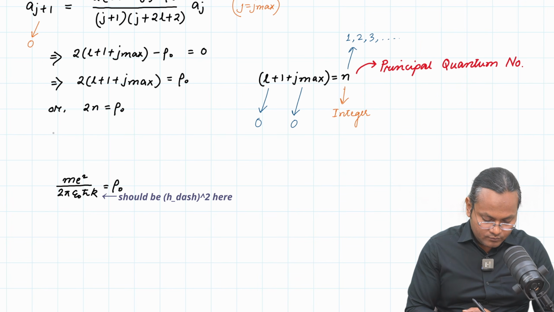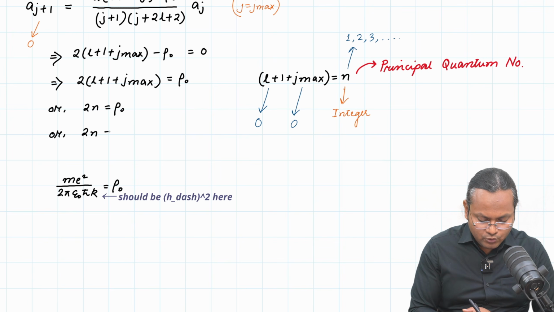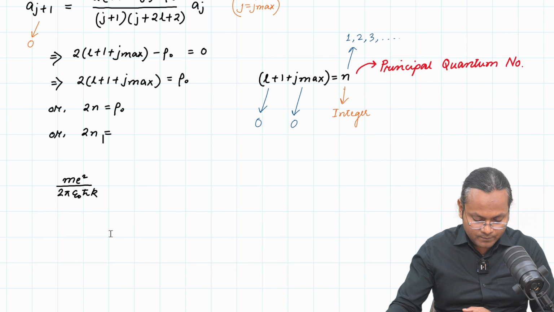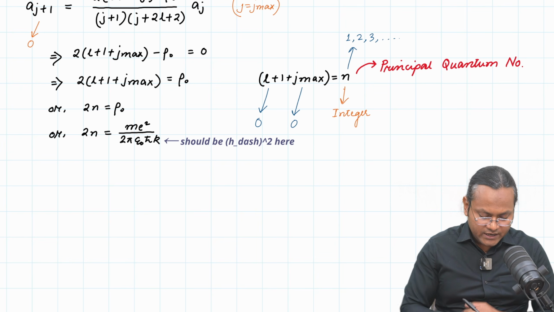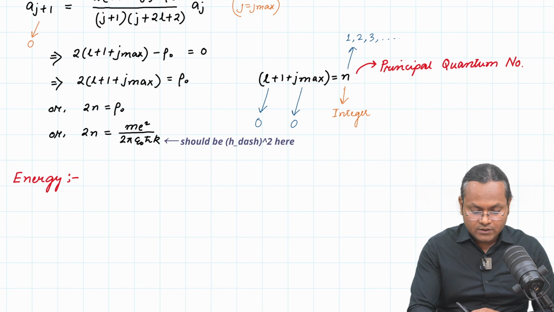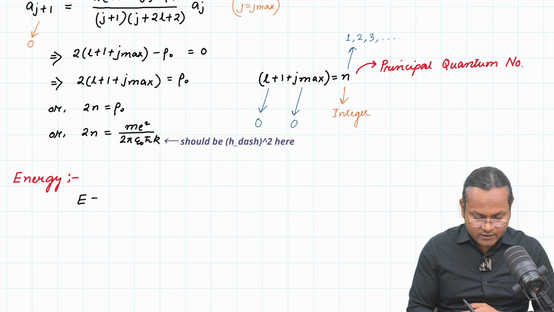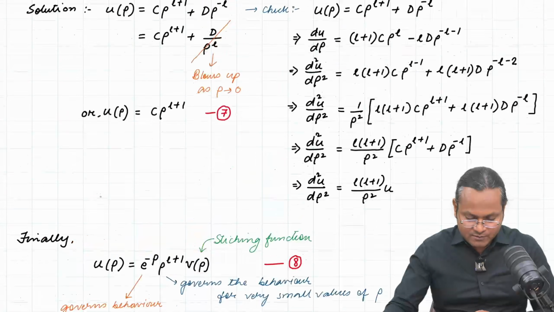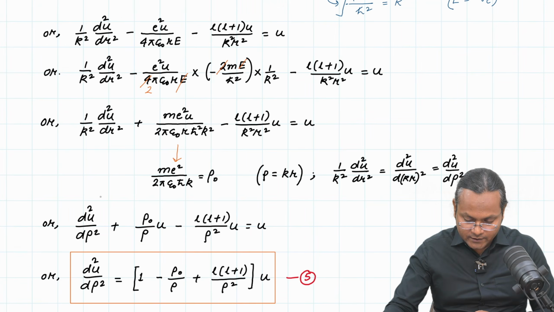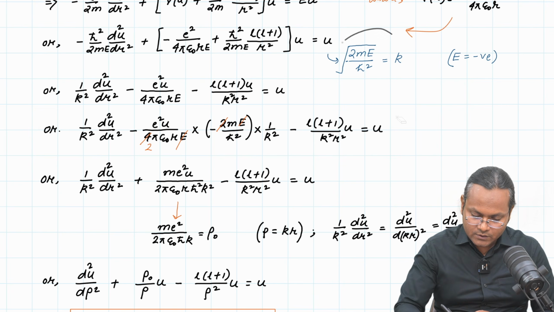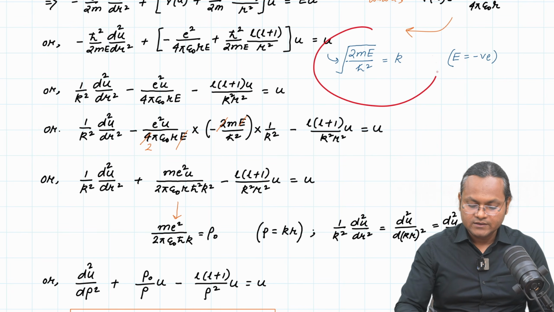Okay, so here we have it. The 2n value is equal to rho naught. So rho naught therefore ends up becoming this. Okay, this is the expression. And now if we are interested in finding out the energy term, what is the energy term? Energy is what? If you forgot, let's go back to our calculations, because we made a few substitutions earlier where we assumed that energy is basically given by this expression.